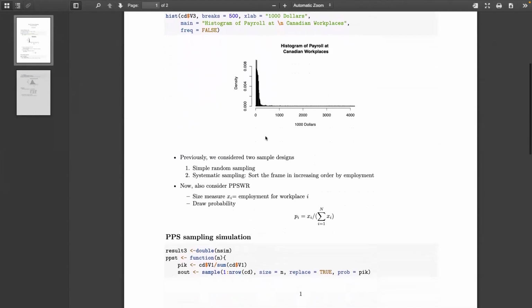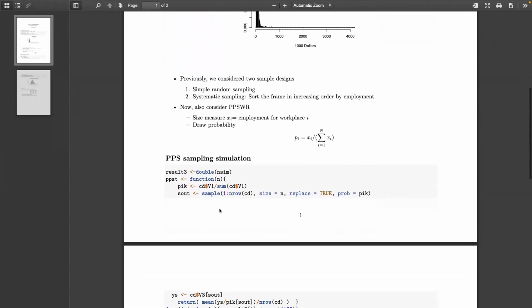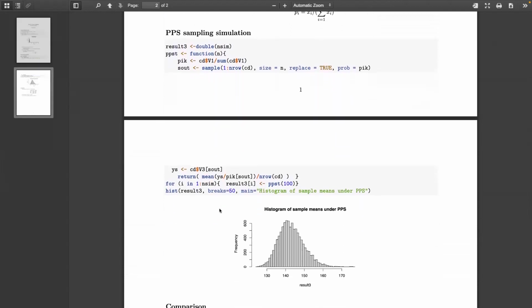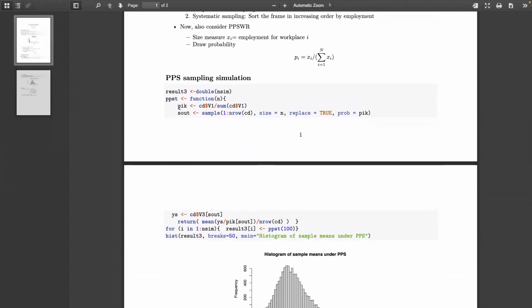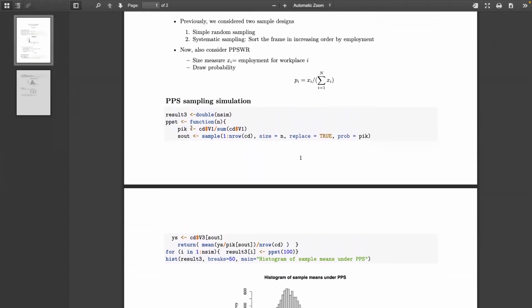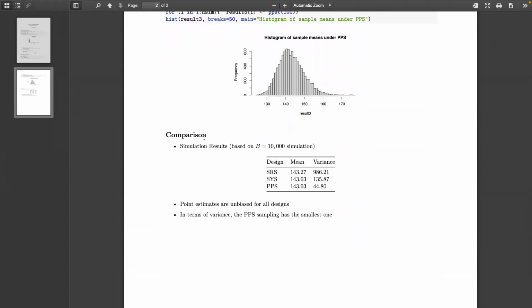And if you use PPS sampling, then maybe you can just check. And then this is computing the draw probability and things like that. So basically, this is based on 10,000 simulations. You can get simple sampling, systematic sampling, PPS sampling.